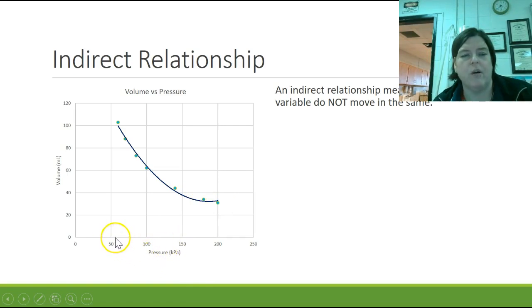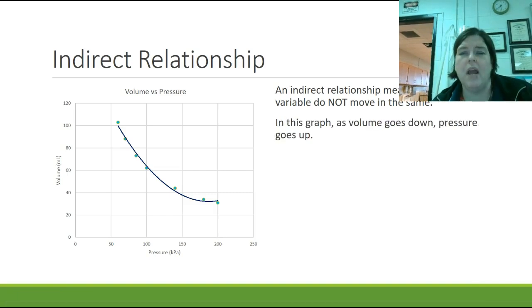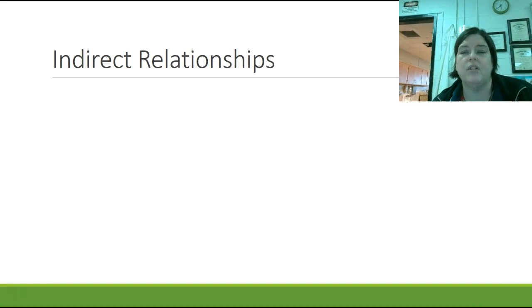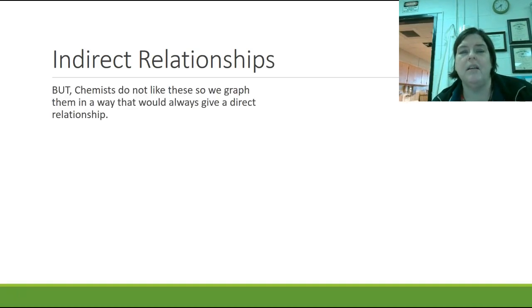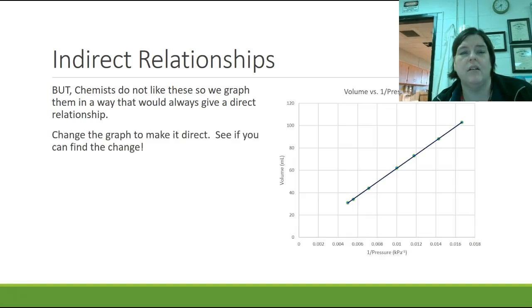Well, pressure is going from a little bit above 50, about 60 it looks like, to about 200 kilopascals. So this is a relationship that is not the same. As pressure goes up, volume goes down. As volume goes down, pressure goes up. And so we have to remember indirect versus direct. They go opposite if they're indirect. They go the same way if they're direct.